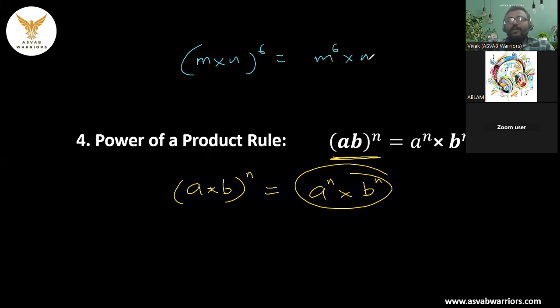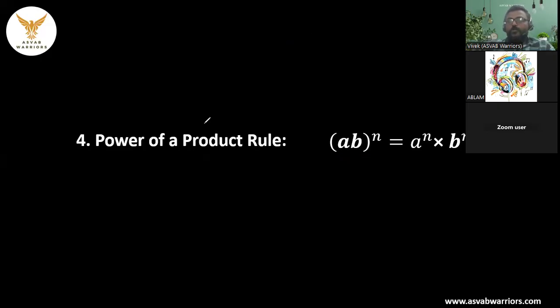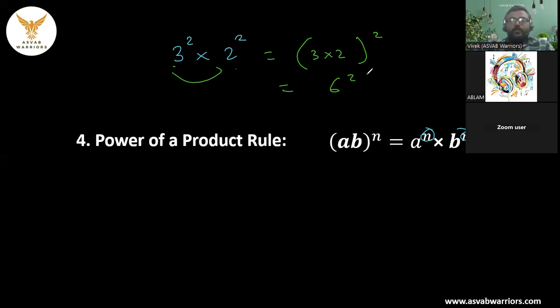M to the power 6 times n to the power 6. And it is also vice versa, guys. Let's say if it was 3 to the power 2 times 2 to the power 2. Now look, the power is the same. The bases are different. So we keep the power the same, but we multiply the bases, which is nothing but 6 to the power 2. That's how you do it.